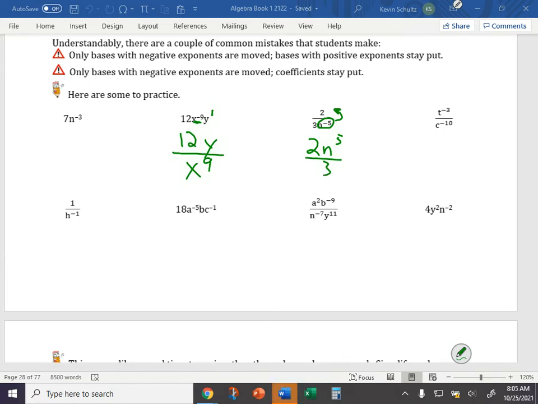Sophie? I have technically 2 questions. Yes. On the second row, first one. Okay. So, when you move the h up, do you have to put a 1 next to it? Okay.